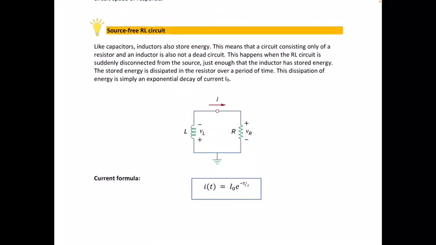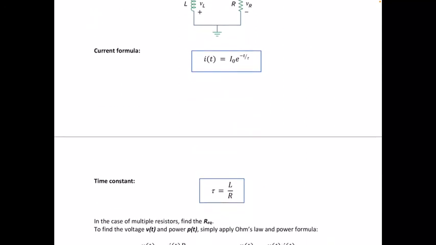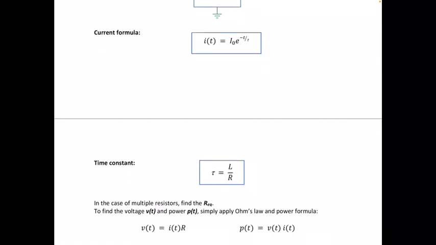So that's how we obtain this equation: I of t is equal to I sub 0 e to the power of negative t over tau, in which our time constant tau is equal to L over R. Remember that our tau for the RC circuit is equal to R times C. Now in the RL circuit, our time constant tau is equal to inductor L divided by the value of the resistor R. So again, in case of multiple resistors, you just need to find the equivalent resistance. And to find the voltage and power, you simply need to do Ohm's law and the power formula.